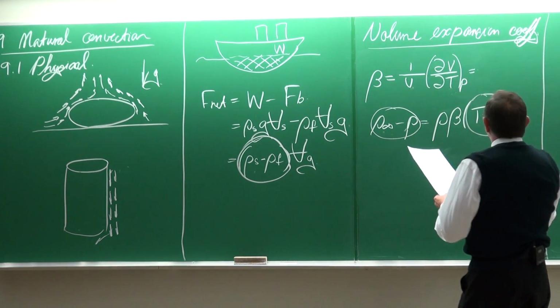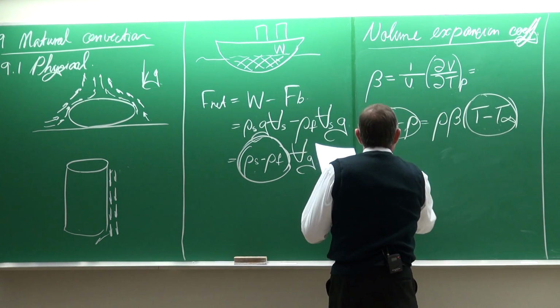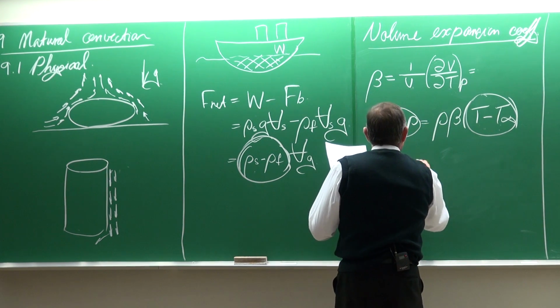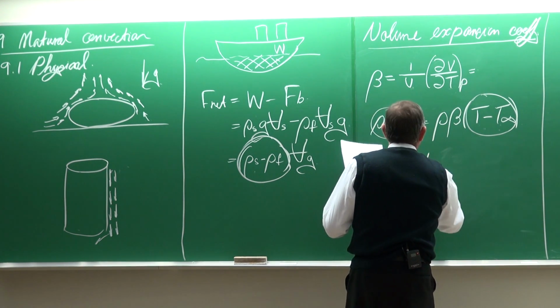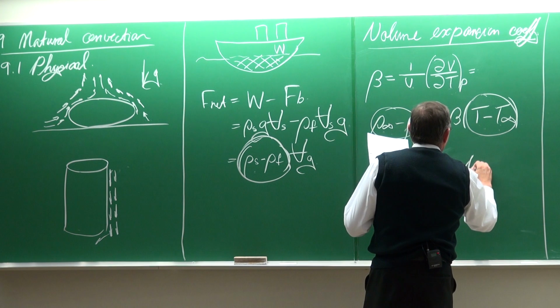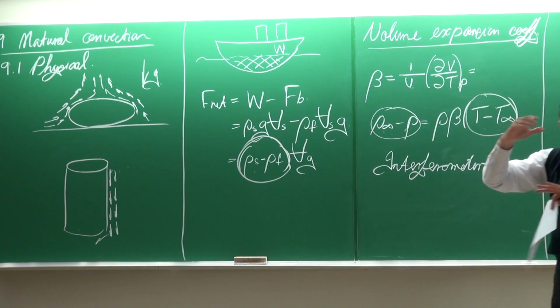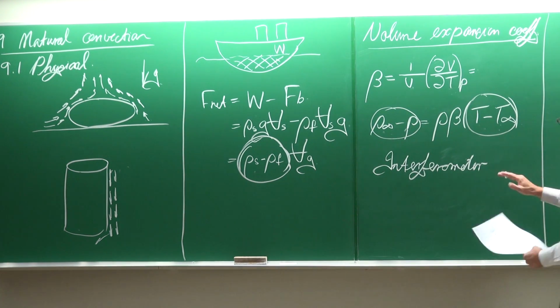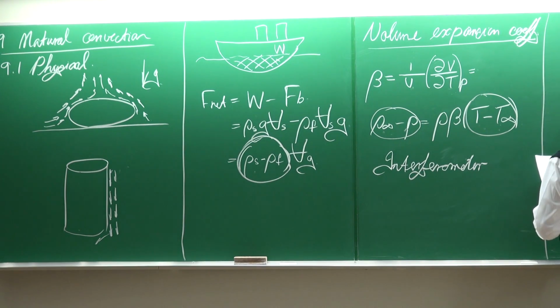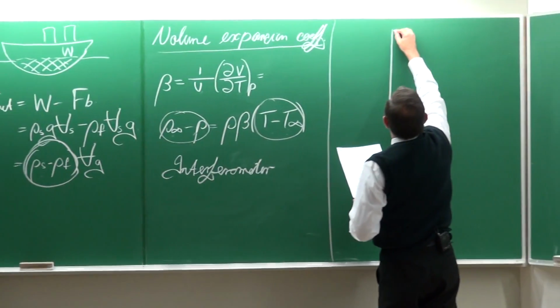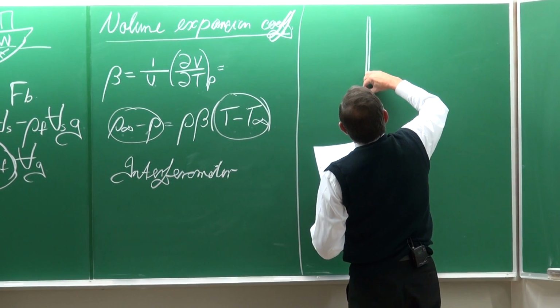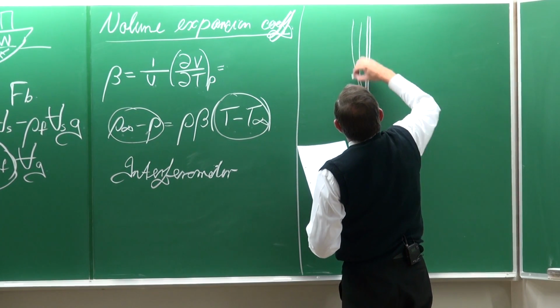Now, if you make use of an interferometer, then you can take photographs, and the photographs show you, maybe if this is a flat plate, lines like that.